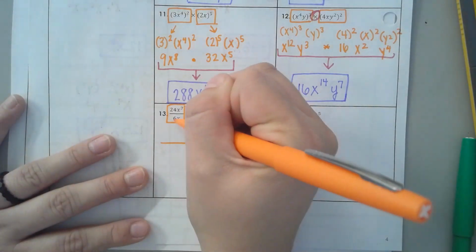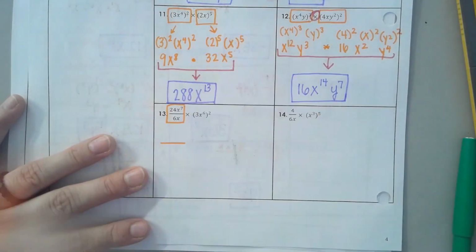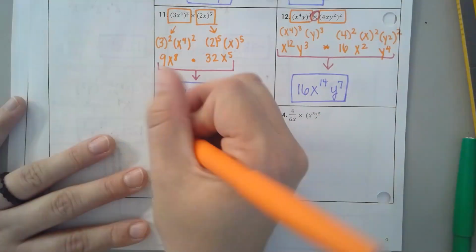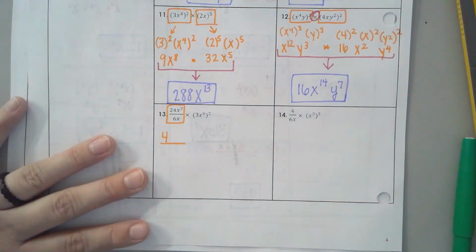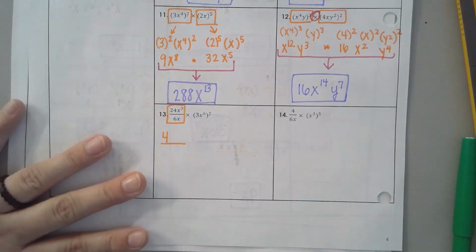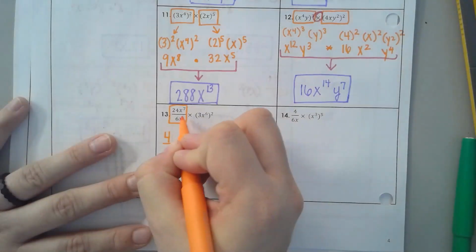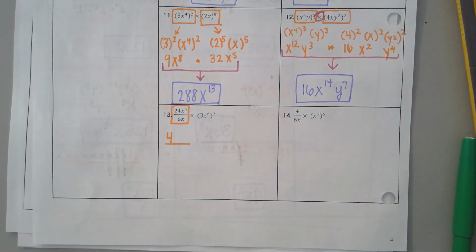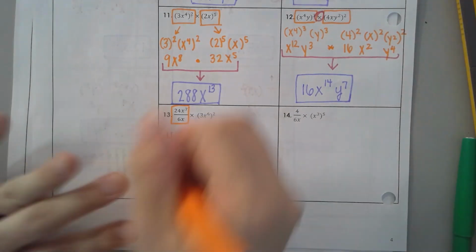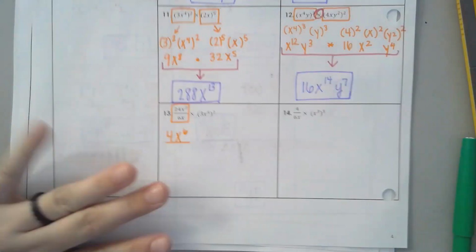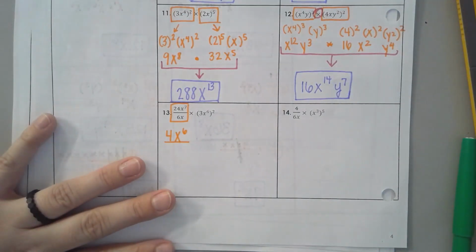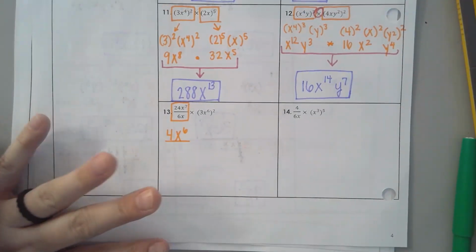What is 24 over 6? 4. And then I have x to the... If I started with 7 in the numerator and 1 in the denominator. So if I cancel it out, I'm left with x to the 6th. And I didn't have anything left in the bottom.